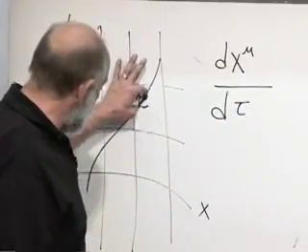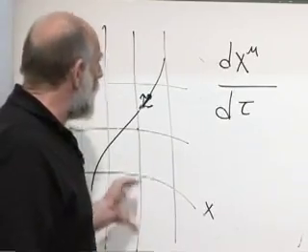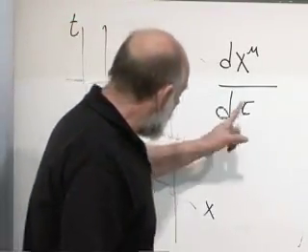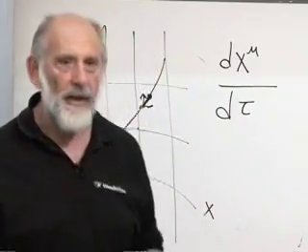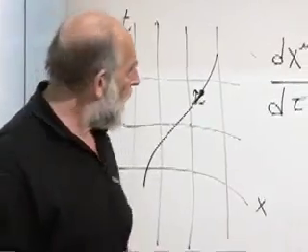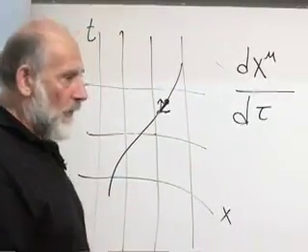X mu, or little differences in x mu, transform with conventional Lorentz transformations. Dividing by d tau doesn't change that, because d tau doesn't change under a Lorentz transformation. So dx mu by d tau becomes a 4-vector.